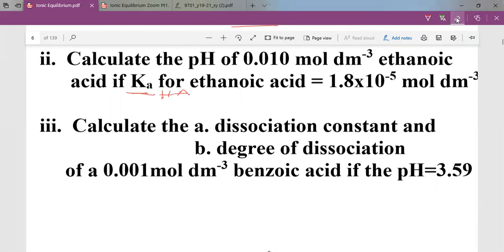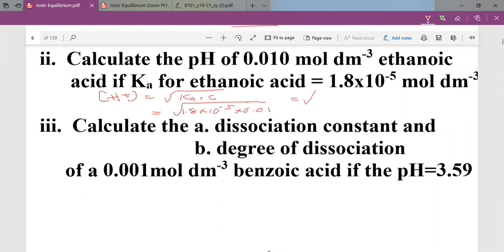Never mind, I don't want to go through everything, I just go straight away. Remember, the concentration of H plus is equal to what? Root of Ka times C. That equals root of 1.8 times 10 to the power minus 5 times 0.01.